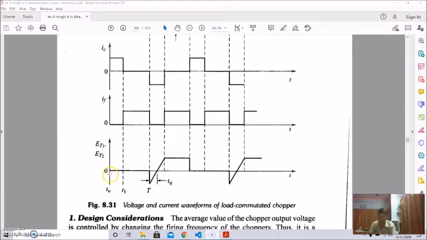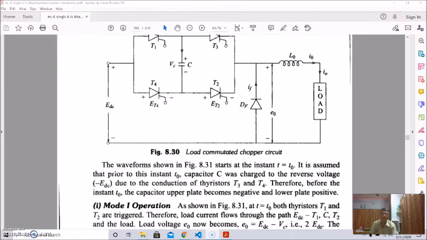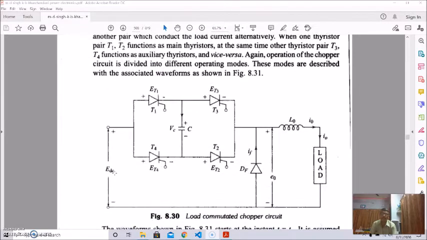It is assumed that prior to this instant t0, the capacitor C was charged to reverse voltage of minus EDC, likewise in voltage commutated and current commutated choppers.